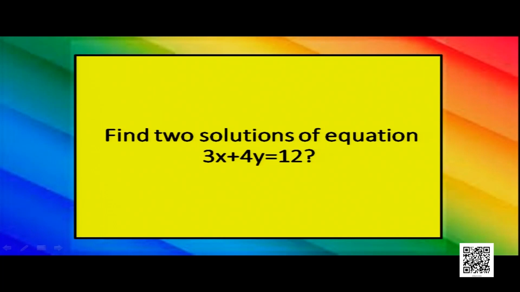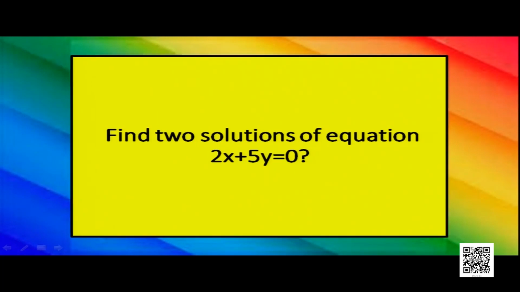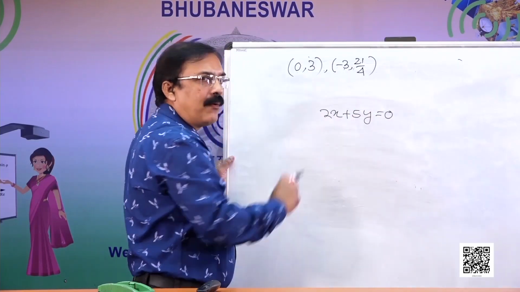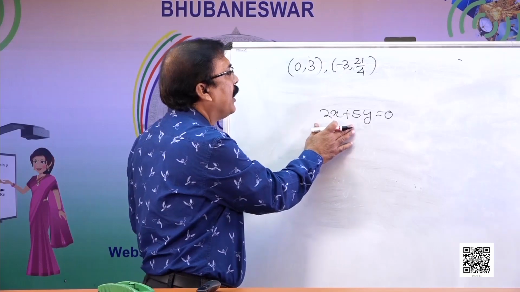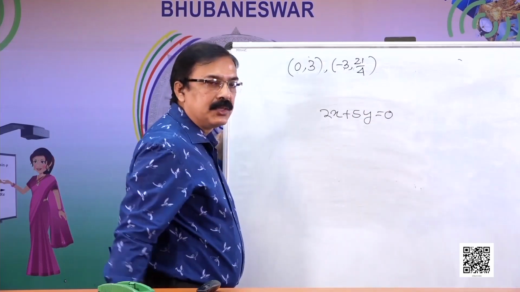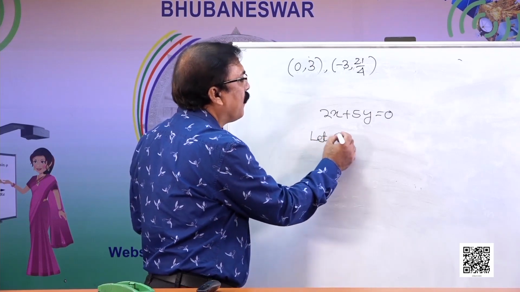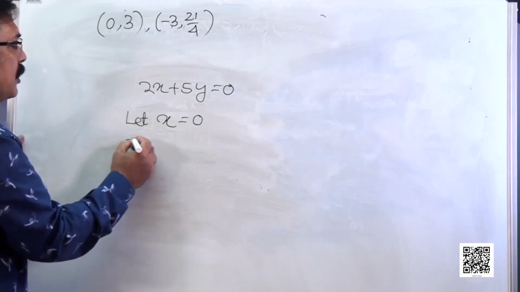Let's see another equation. Find two solutions of the equation 2x plus 5y is equal to 0. Here the type of equation is something different from the previous two. Here 2x plus 5y is equal to 0. The values of x and y we have to find, but here the c part is 0. If we put the value of x as 0, then what happens?